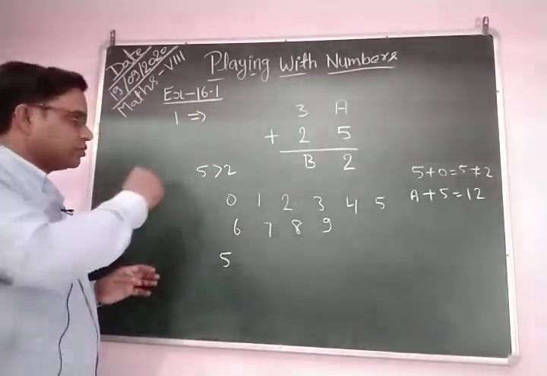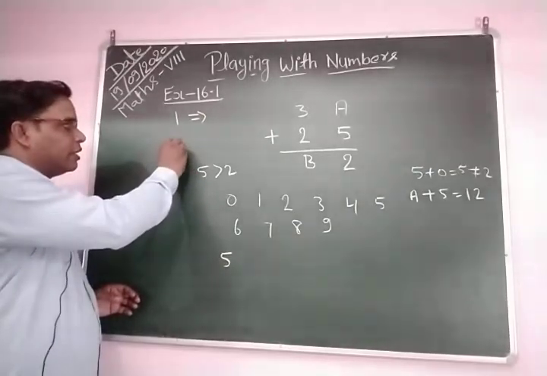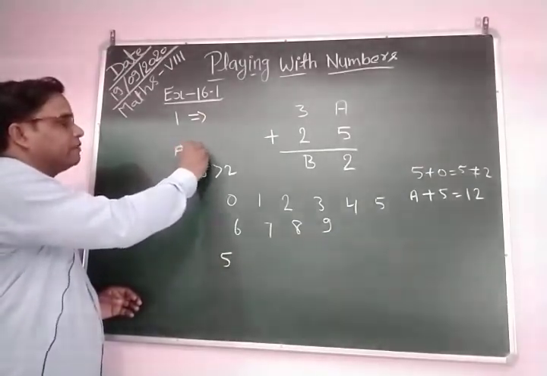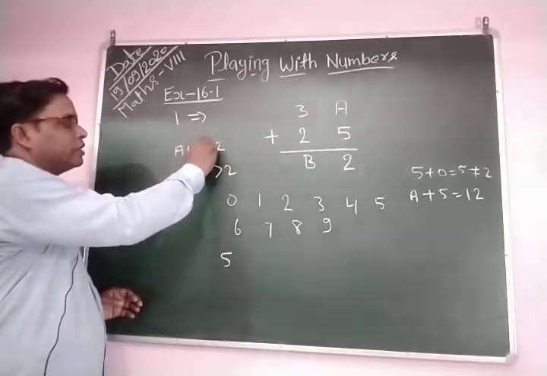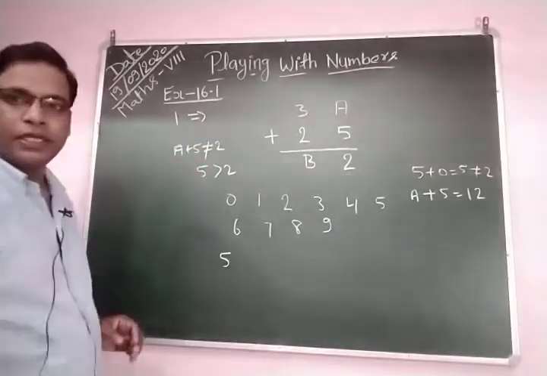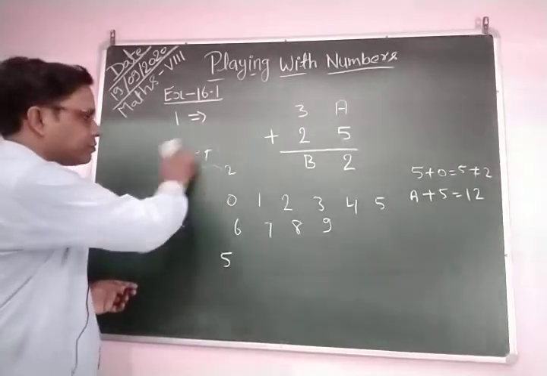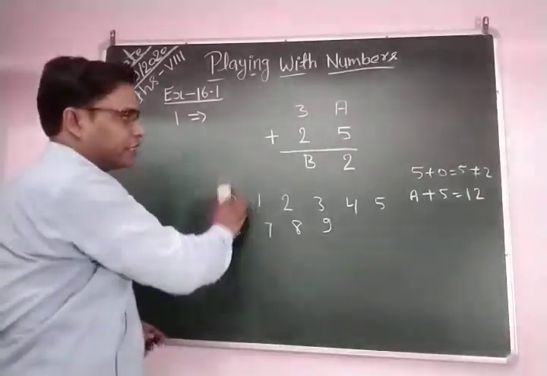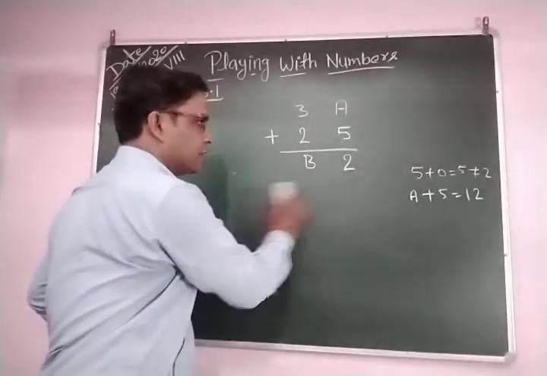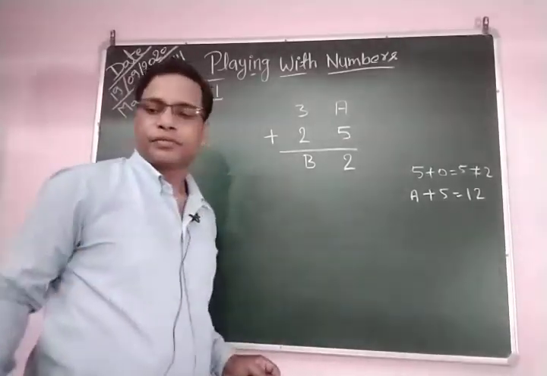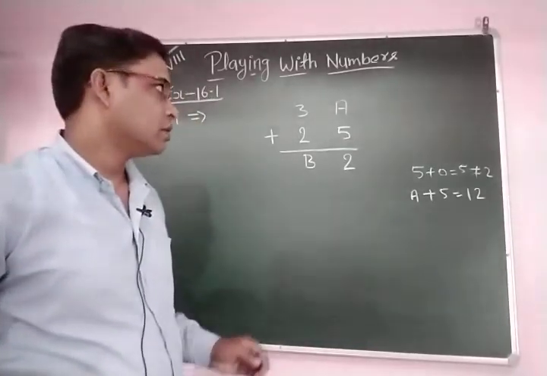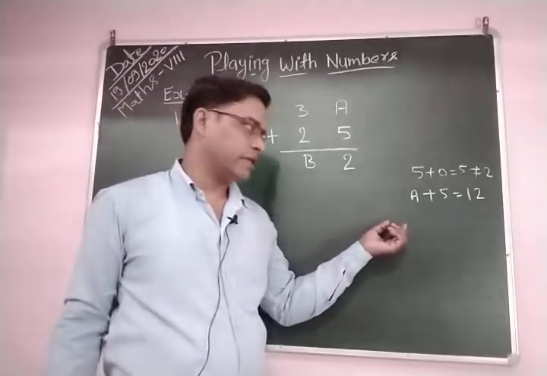So a plus 5 equal to 2 is not possible. Clear? We can say this is not true. This is 12.